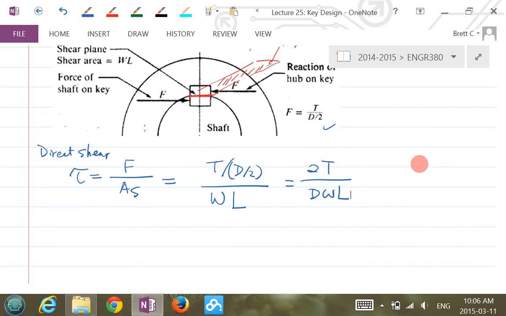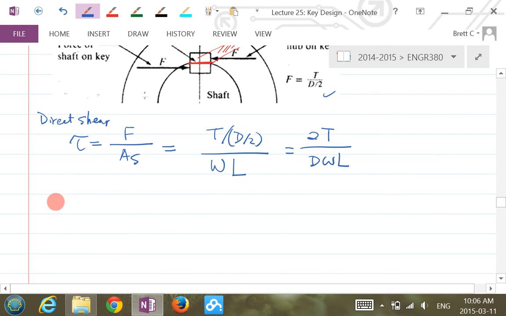You want to compare the stress with the strength. We consider a constant torque, so we can use the maximum shear stress theorem. The maximum shear stress theorem says the safety factor equals one half of SYT over the maximum shear stress.